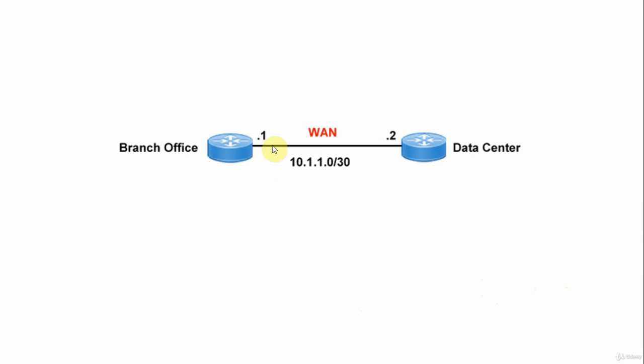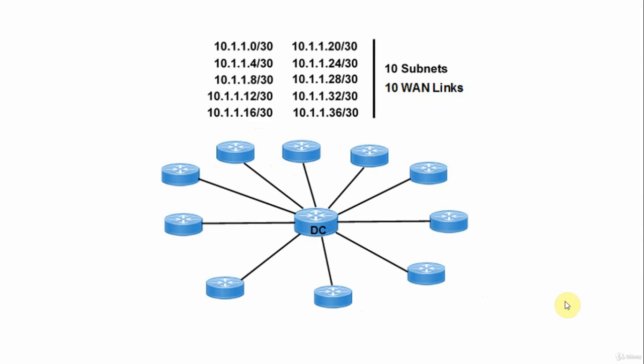And so that's what I would get. I've got a branch office and a data center. I'm going to assign 10.1.1.1 to that branch office router, and 10.1.1.2 to the data center router. It'll work quite well, and that's really all there is to it. In this example, I'm showing you all 10 branch offices.